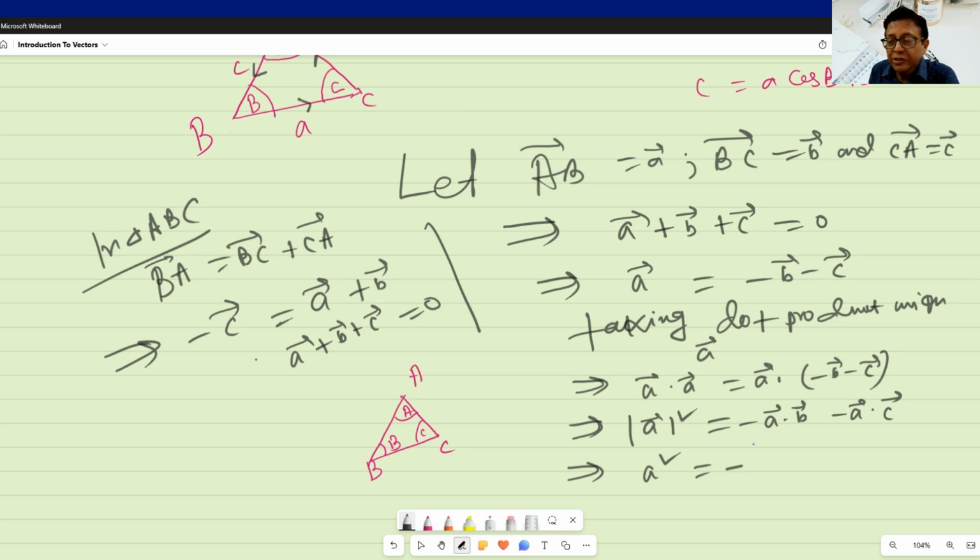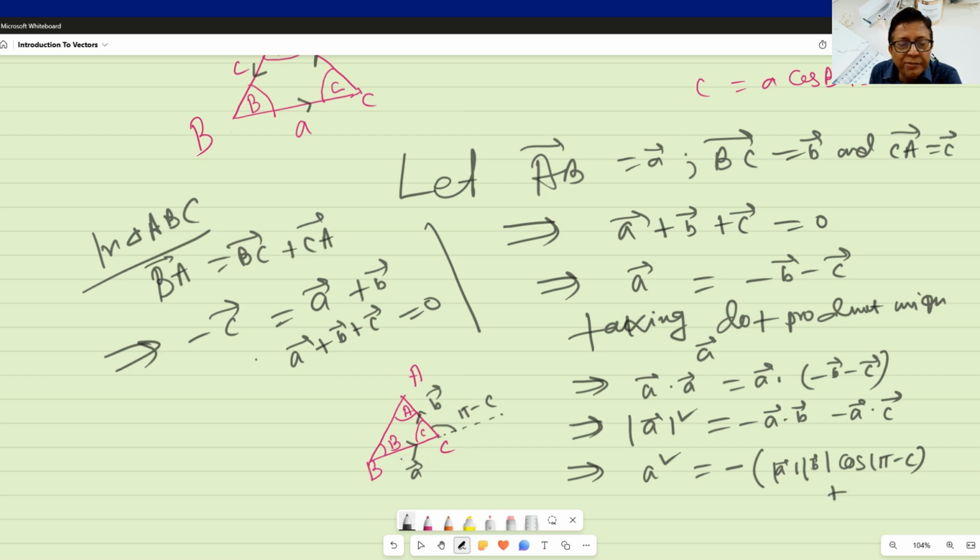Keep minus outside, it is better. a dot b, how do I write a dot b? See, this one is a vector. This one b vector. What's the angle between a and b? This I have explained in the previous session. The angle is going to be pi minus C. So a dot b will be mod a, mod b, cos pi minus C. Am I correct?